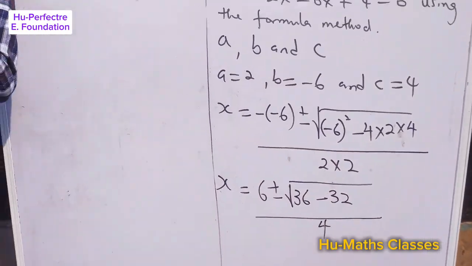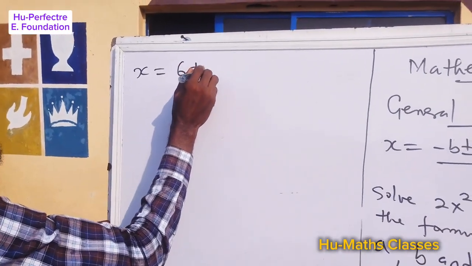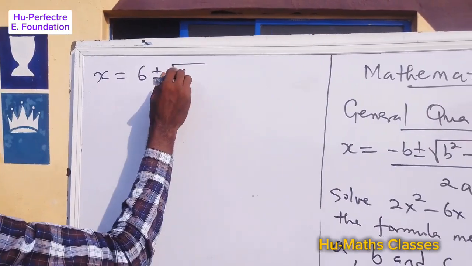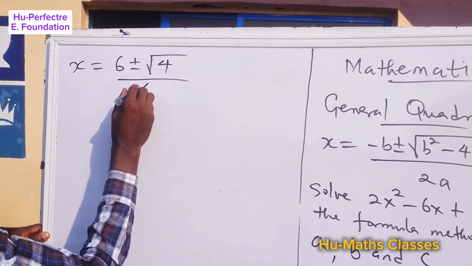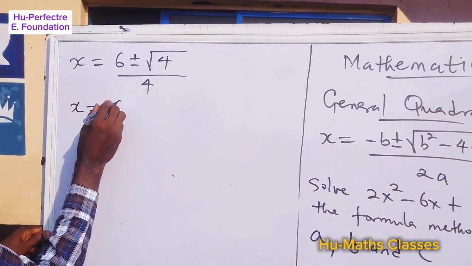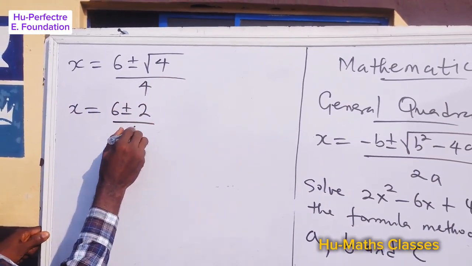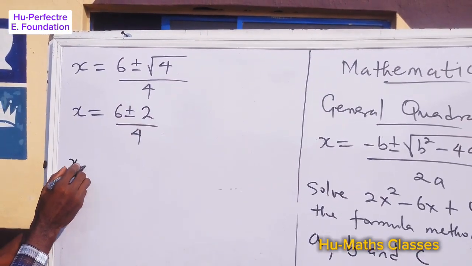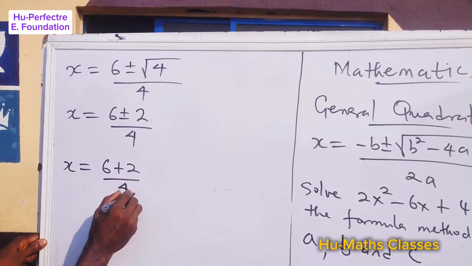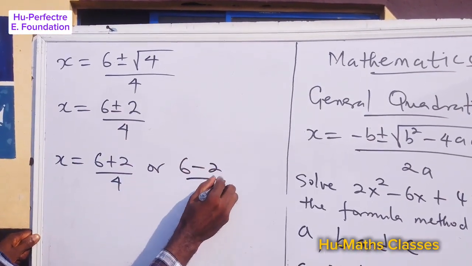So we have x equal to 6 plus or minus the square root of 36 minus 32, which leaves 4, all over 4. So x is equal to 6 plus or minus the square root of 4, which is 2, all over 4.